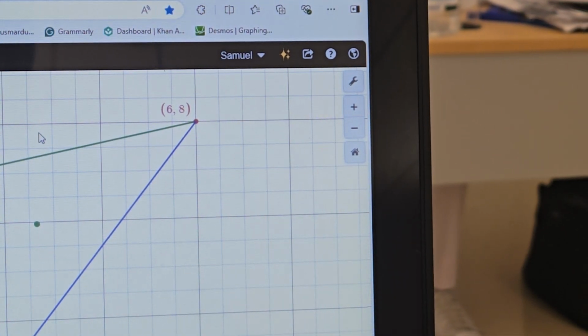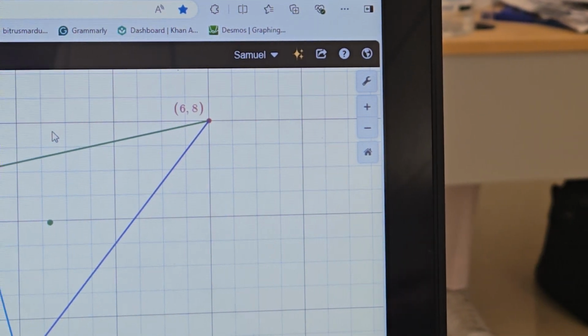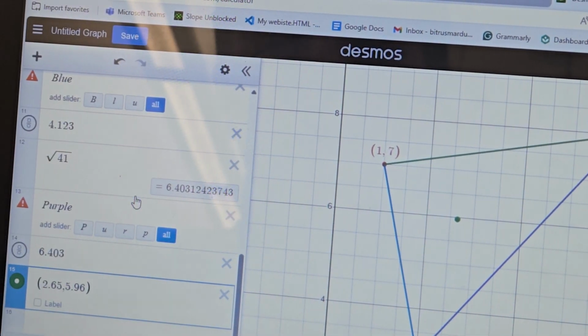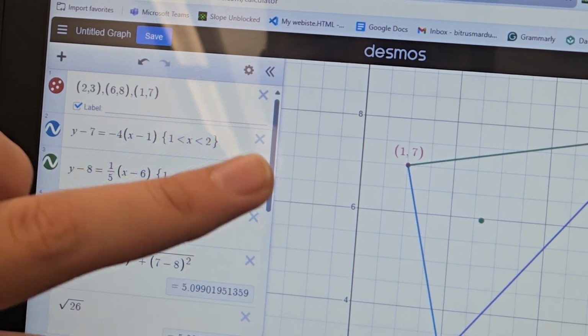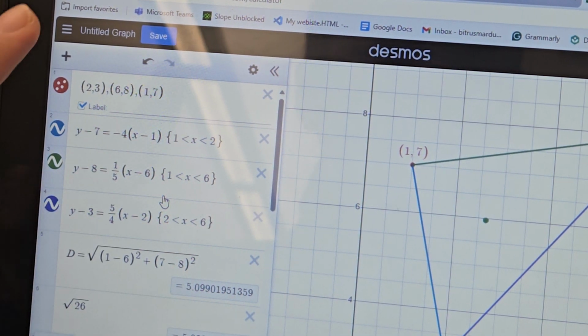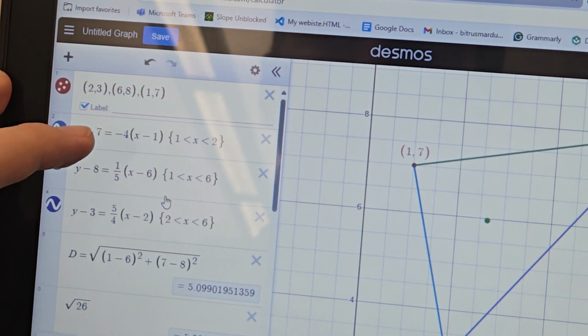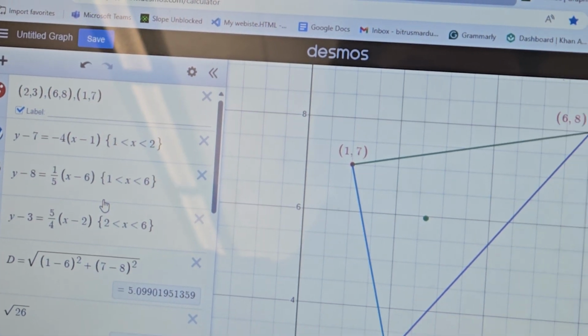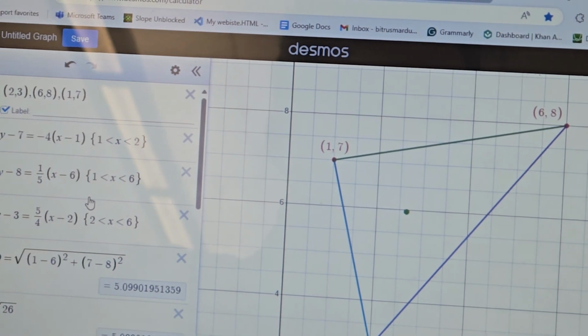I'll give you a second to do that. To make a perpendicular line, all you need to do is take one of these slopes and flip it. For example, -4 would be 1/4: negative to positive, and positive to negative. Give you a second to do that.